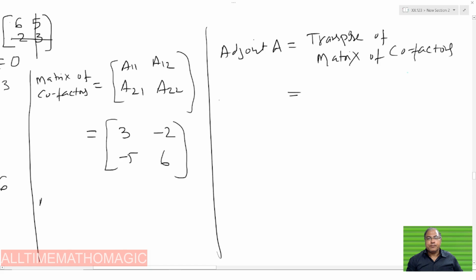Therefore adjoint A, transposing, we get 3, minus 5, minus 2, 6. This is the required adjoint. Now we'll find the adjoint of a 3 by 3 matrix.